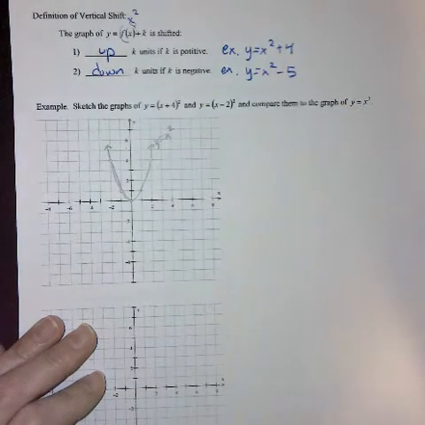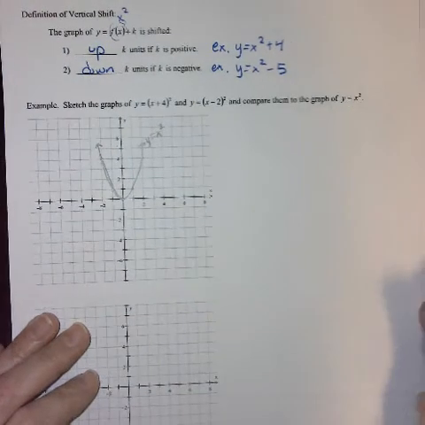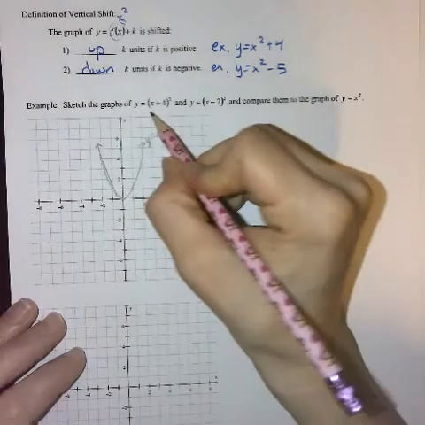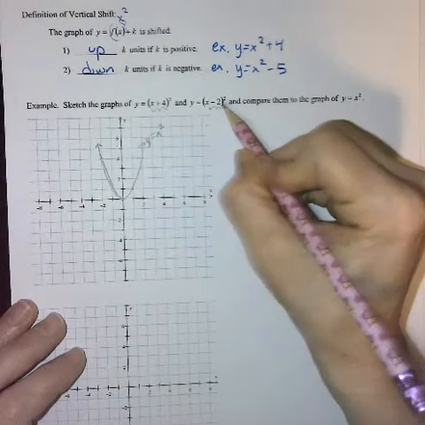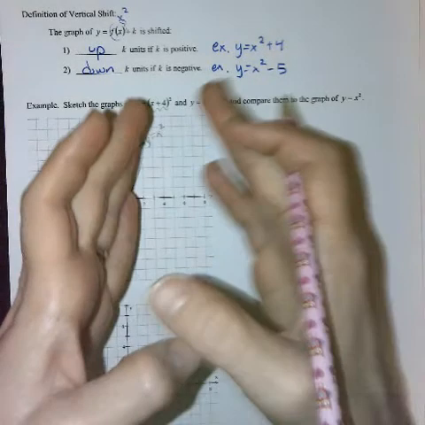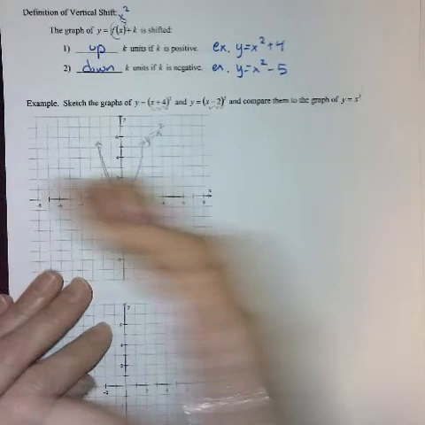Okay, and now look at these and notice the plus 4 and the minus 2 are inside the operation again. Anytime the operation is happening under the function, like the original function is x squared, the squaring, because that addition or subtraction of the number is inside there, it's going to affect it horizontally rather than vertically.